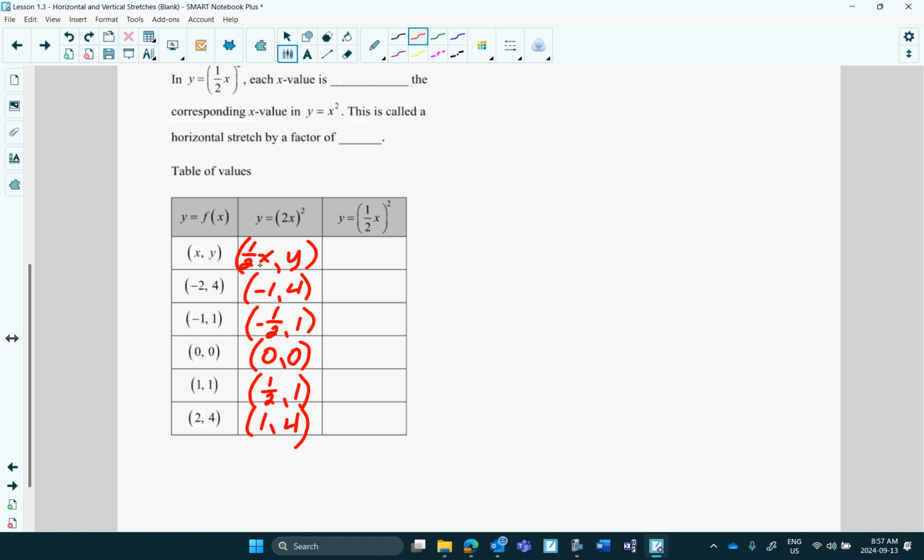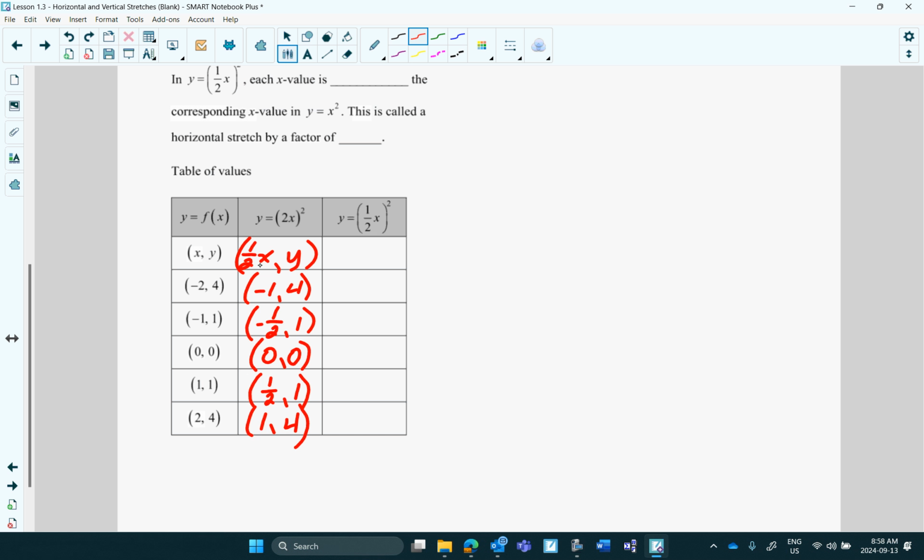What do you think the actual stretch will be here? 2. Because you take the reciprocal. 2 over 1, flip it, you get a stretch of 1/2. 1/2, flip it, you get a stretch of 2 over 1 or 2. Good. And we'll see that actually works.